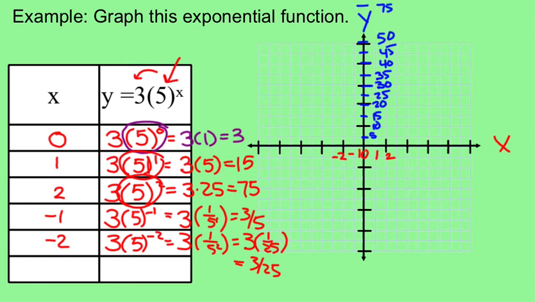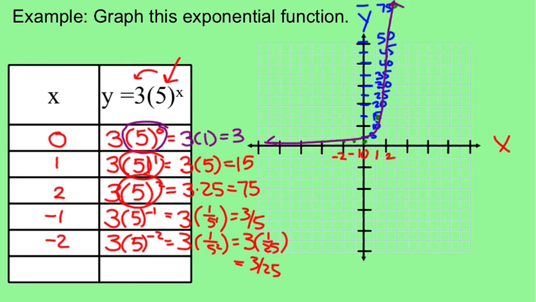All right, let's go ahead and graph those ordered pairs. So over 0, up 3. Over 1, up 15. Over 2, up 75. Negative 1, 3/5, and 3/25. So our graph looks like this.